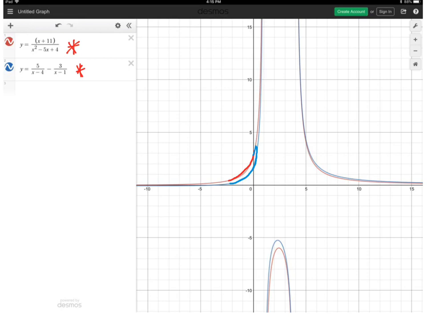Because the curves never intersect, that corresponds with there being no solution. So we can solve any equation like this by graphing the left-hand side and the right-hand side. Wherever the curves intersect tells us the solution to the equation. And if there's no intersection, that means there's no solution.